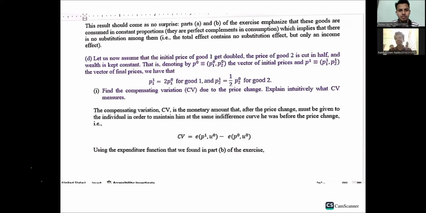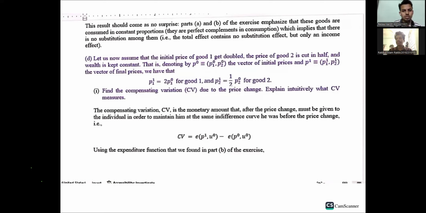We have that p1 1 equals 2 p1 0 for good 1, and p2 1 equals half of p2 0 for good 2. Now find the compensating variation CV due to the price change. Explain intuitively what CV measures.